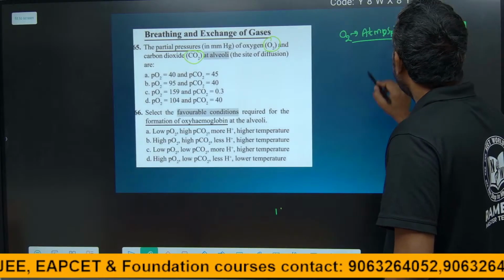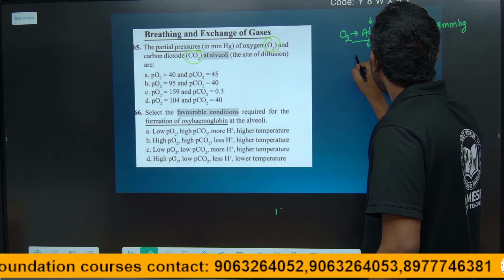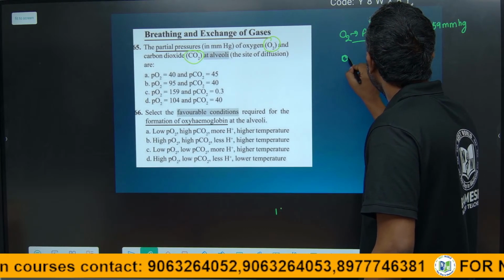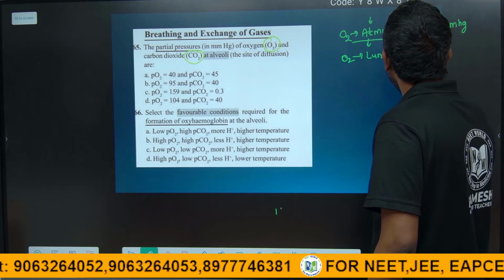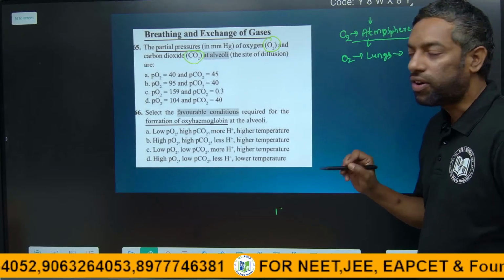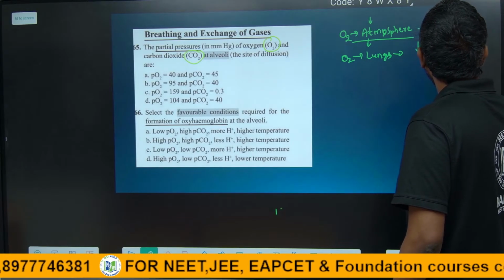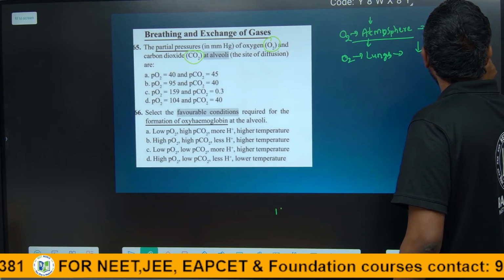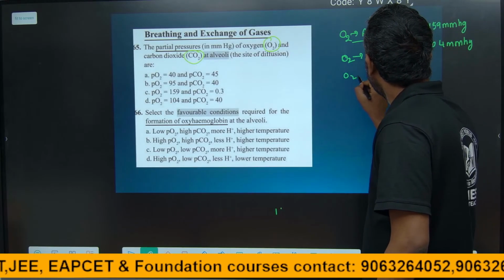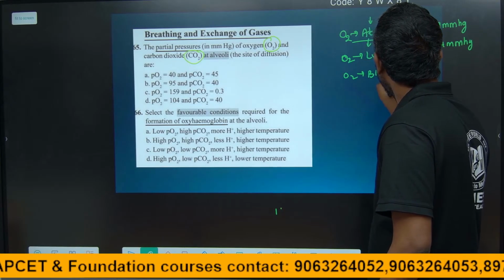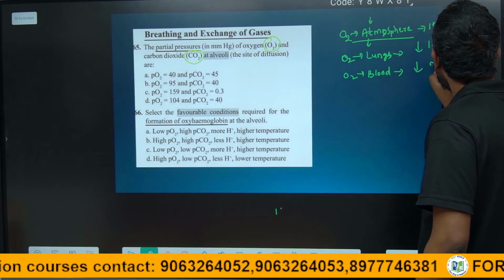The oxygen reaches the lungs through the trachea. In the lungs, the partial pressure of oxygen decreases, guys, to 104 mmHg. This oxygen reaches the blood, where the partial pressure of oxygen decreases to 95 mmHg.